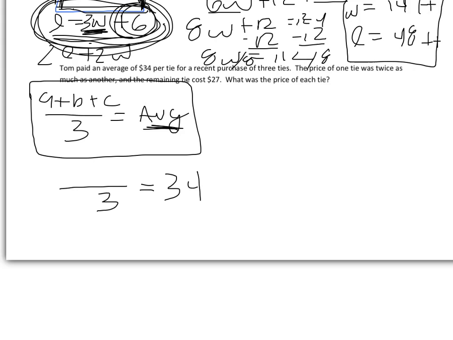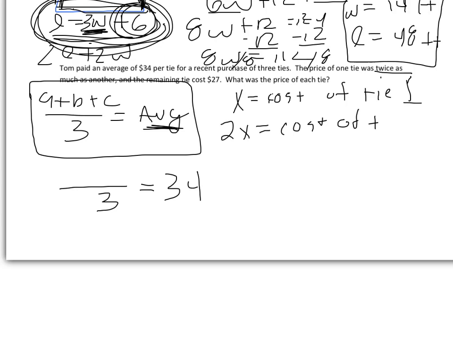We don't know what the first tie cost, so let's call X the cost of tie 1. Another one was twice as much, so 2X is the cost of tie 2. The remaining tie cost 27, so 27 is the cost of tie 3.